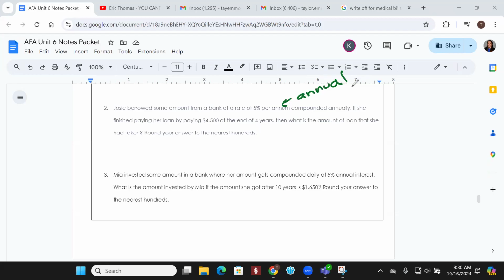So on this one, we're trying to work this problem backwards. So looking at the formula for PV, PV equals FV, and we're going to divide it by 1 plus I divided by N raised to the NT. Okay, so for PV, what's our future value?